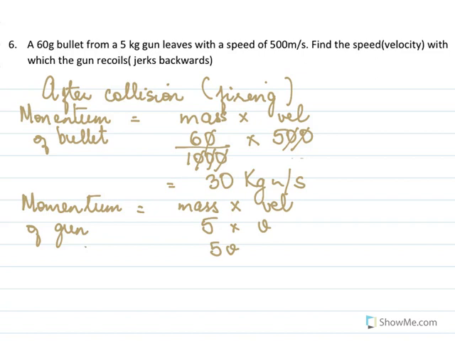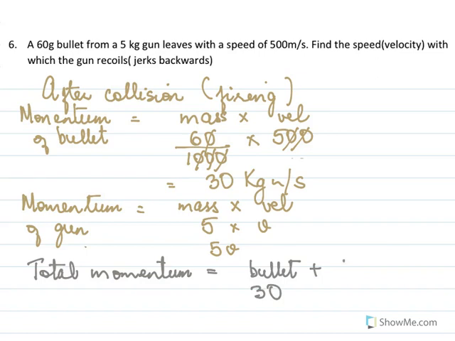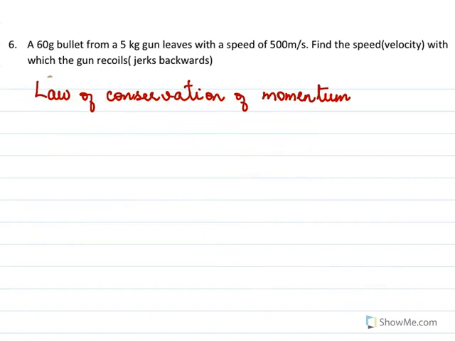So this will be 5v. So total momentum after collision will be that of the bullet, which is 30, plus that of the gun, which is 5v.